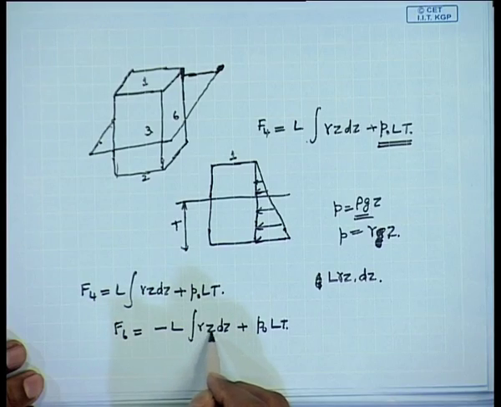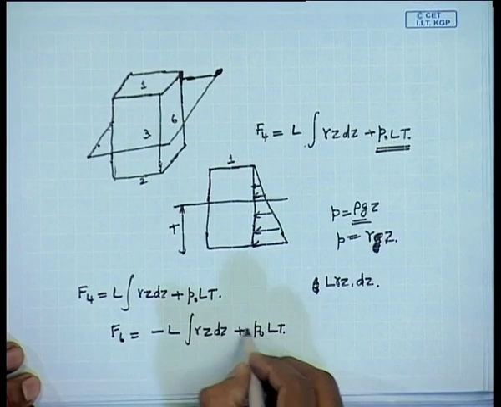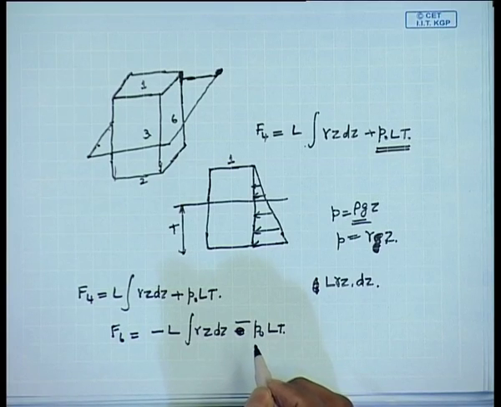So, the direction of dA defines the direction of the force, pressure has no direction. So, in this case, since the area vectors point in opposite directions, it will be of a different sign from the previous one on F6, that is minus L gamma z dz plus minus P0 LT, both will be negative.